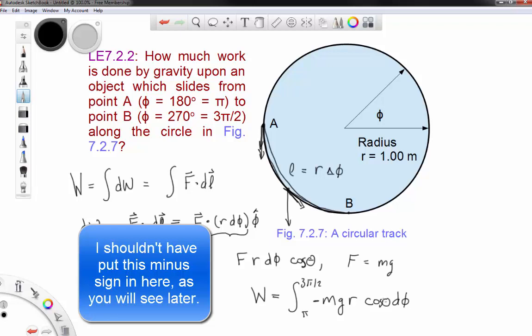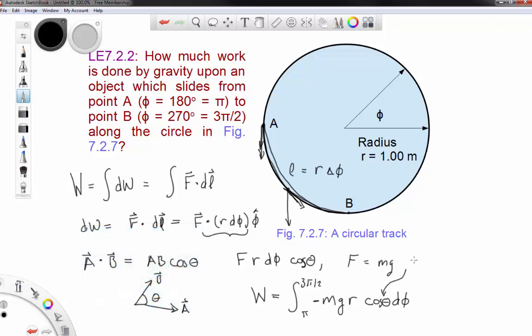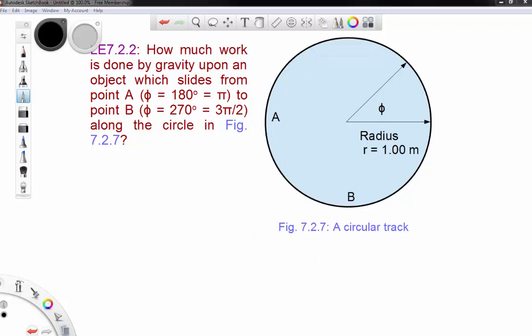And so we want to basically define this term in terms of the differentials. We want theta in terms of phi in order to evaluate this integral. So one way of doing that would be to just draw phi and dl at random points around this circle.